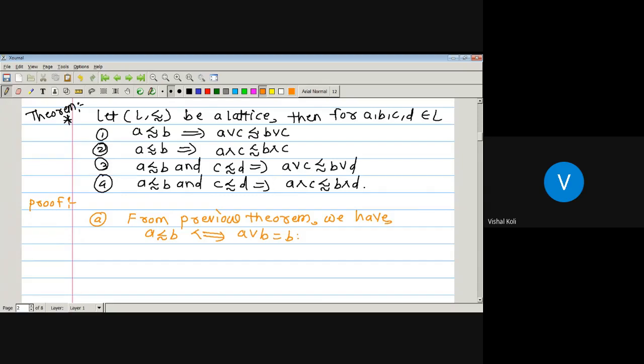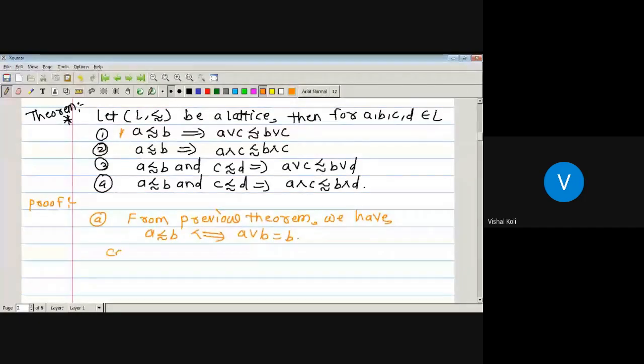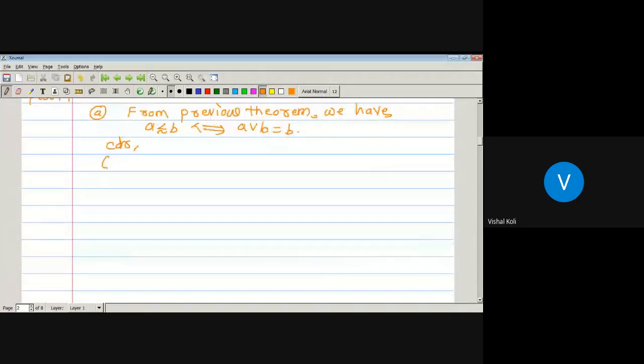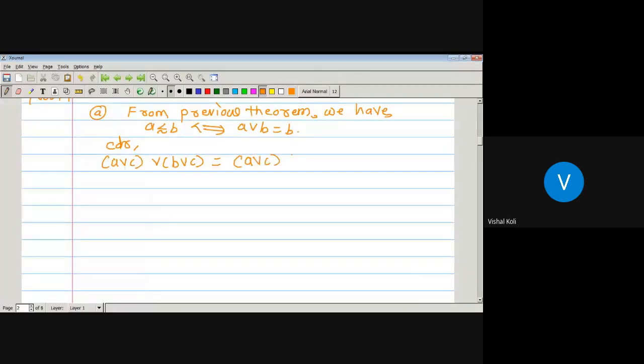In the last theorem, the first property is nothing but A precedes B if and only if, consider A join C join B join C, which is equal to A join C join C join B. This B join C can be written as C join B, which is from the commutative law, since L is a lattice and holds the commutative property.